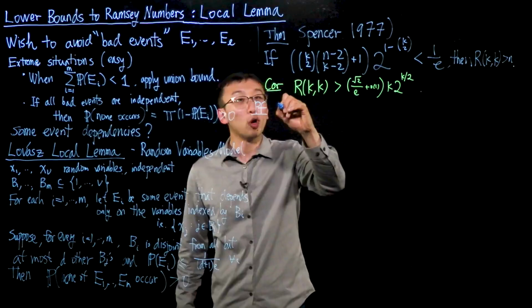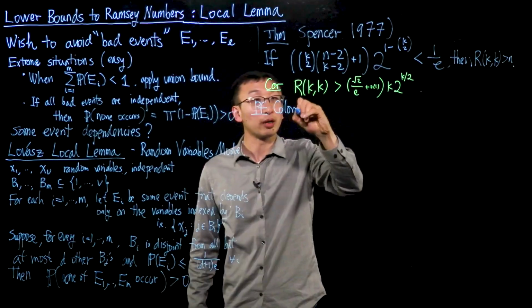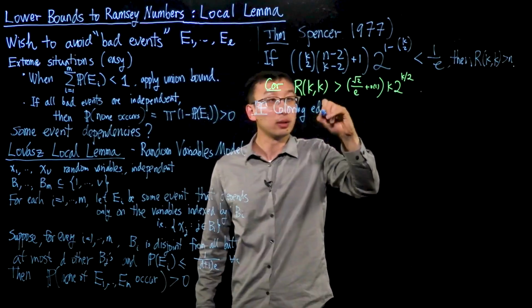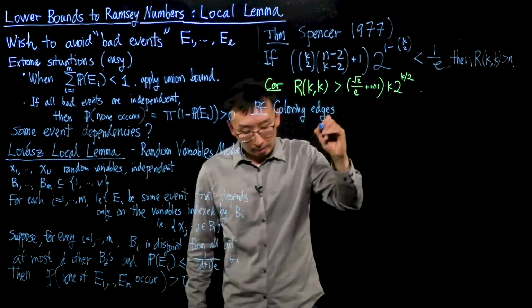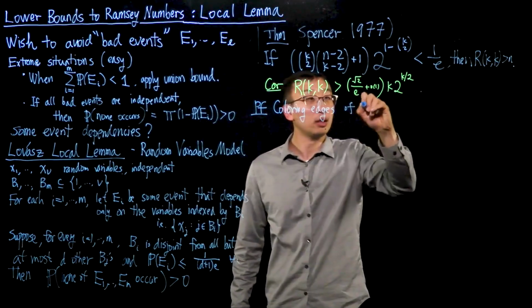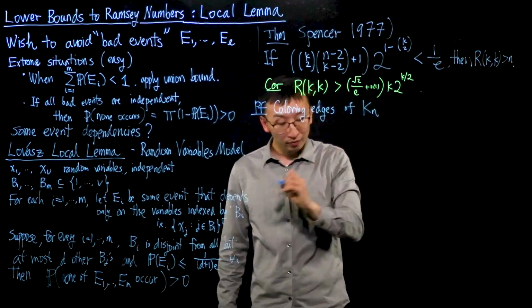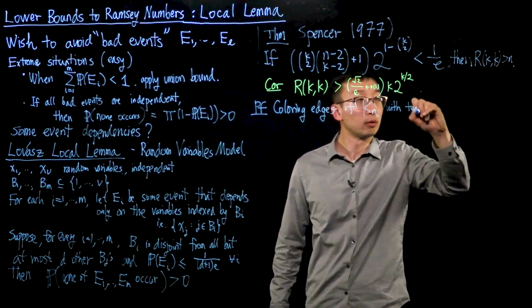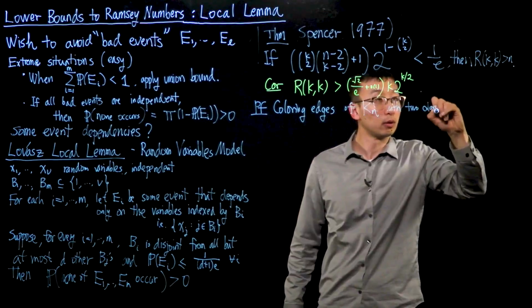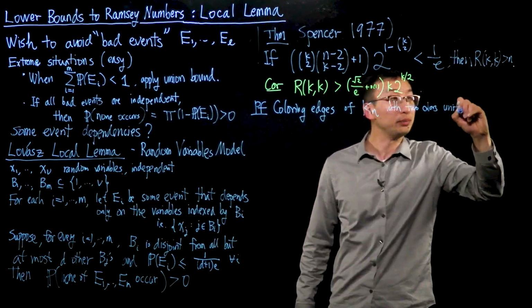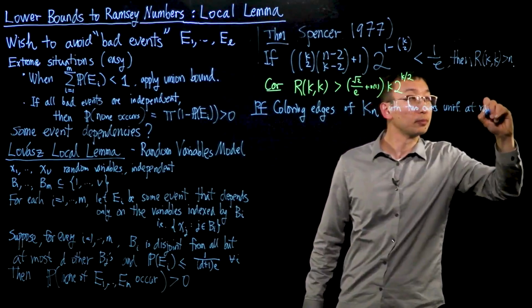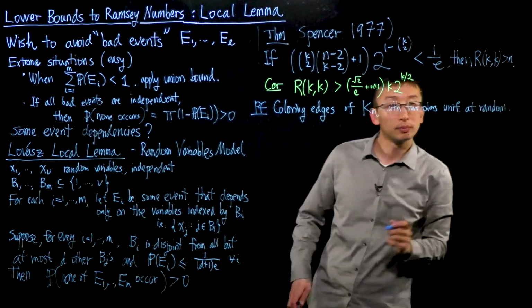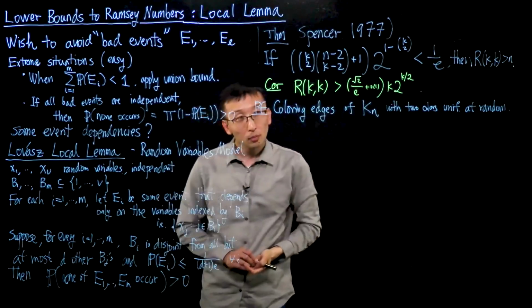As earlier, we will begin by coloring the edges of the complete graph on n vertices with two colors uniformly at random. Okay.